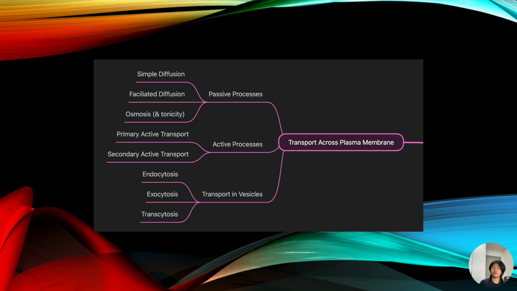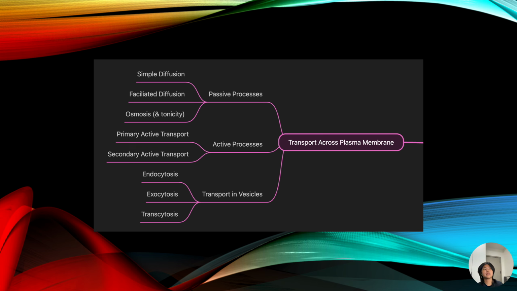Through this process, it is able to diffuse, but with the help of some proteins. So this is really similar to simple diffusion. The only difference is that, due to the selective permeability of our plasma membrane, our solute needs a protein to help it cross the membrane.